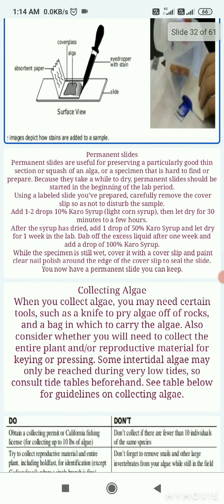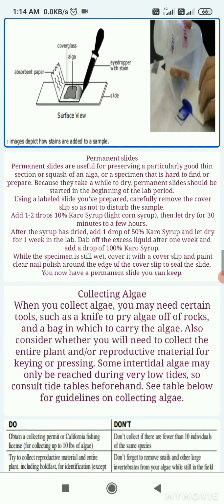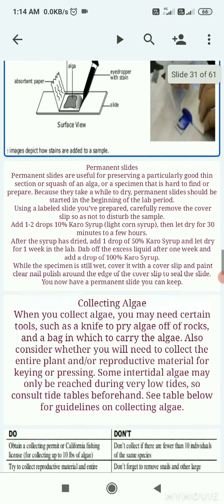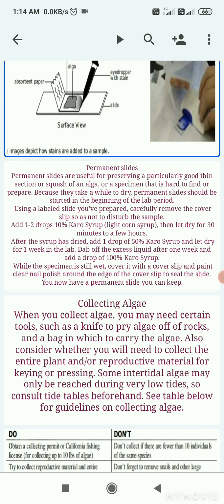So first of all, permanent slides are useful for preserving particularly good thin sections or squash of an alga, or a specimen that is hard to find, or for any further studies.